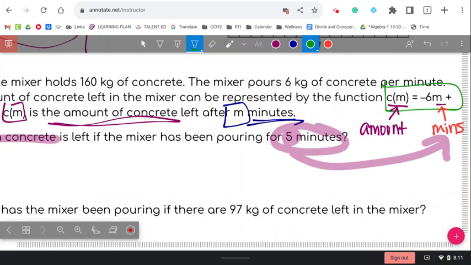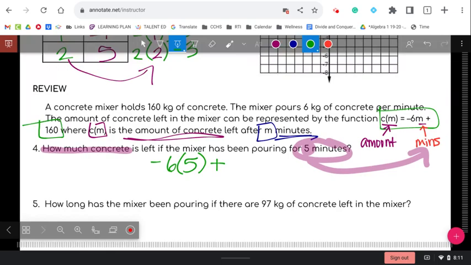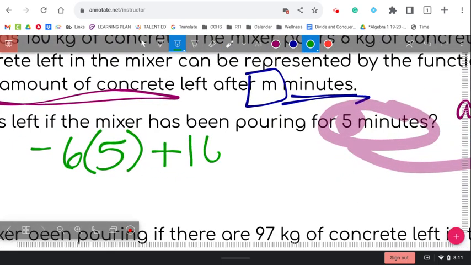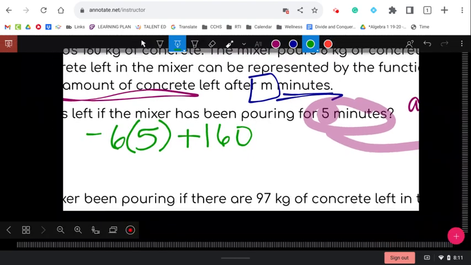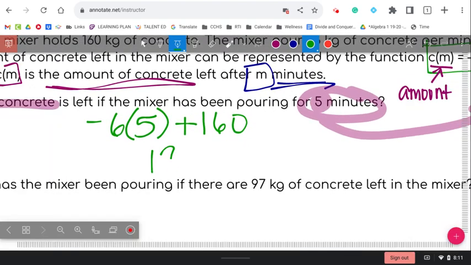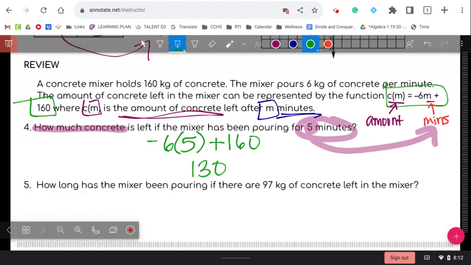So we're going to have -6, parentheses, 5, plus, what's our last number? 160. We can put that in our calculator exactly like that, and it'll give us 130. So it's asking how much concrete is left.